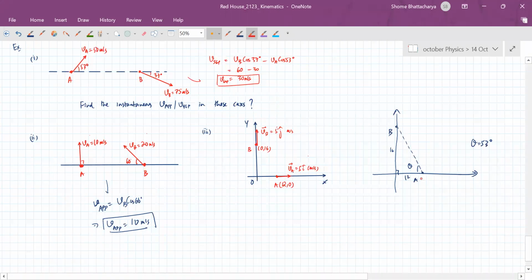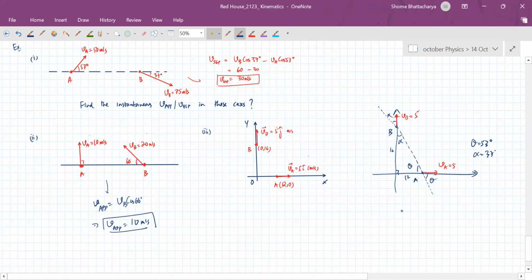Now you can see that A has a velocity like this of 5, but that has a component going away from B. And B has a velocity like this, also of 5, but that has a component going away from A. Such that this angle will be, let's say, alpha. So alpha is 37 degrees.